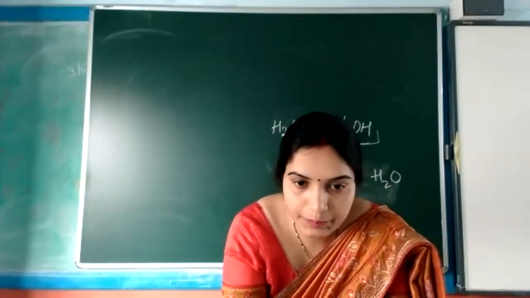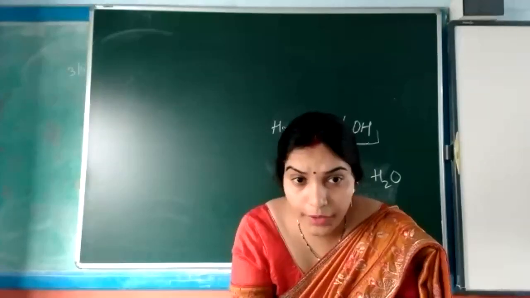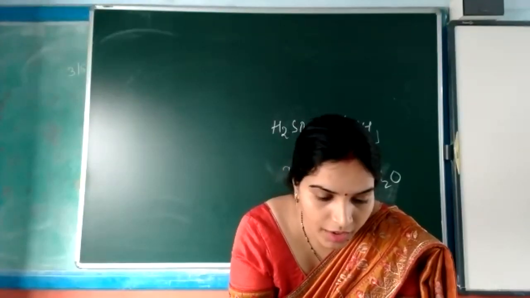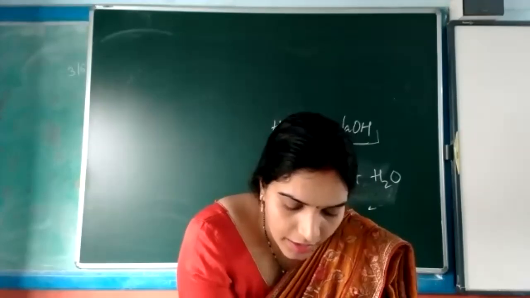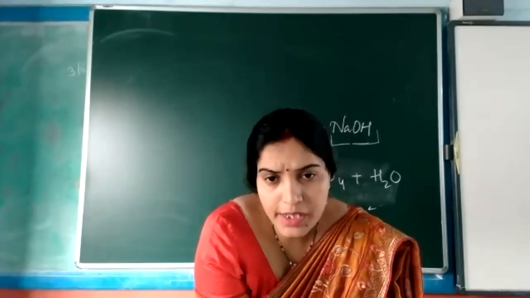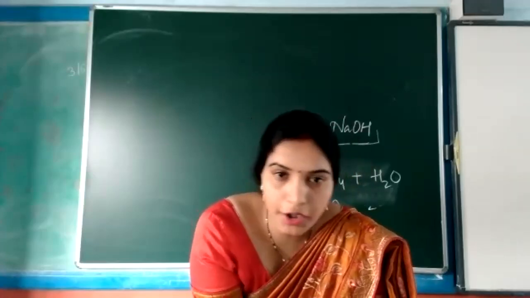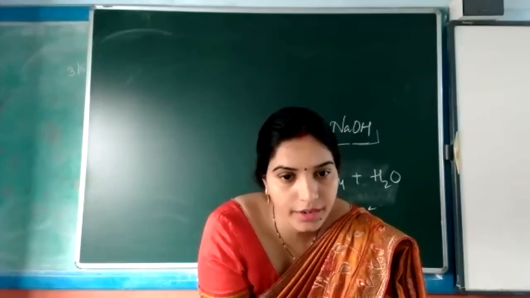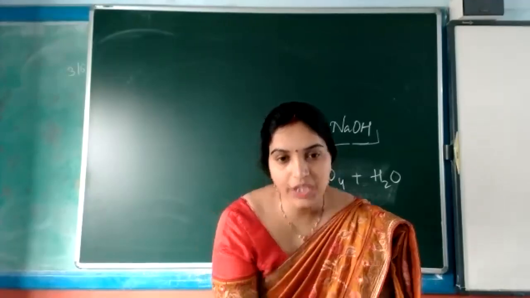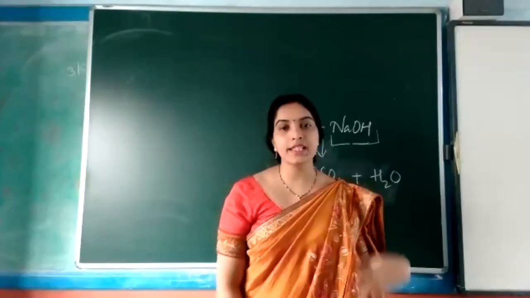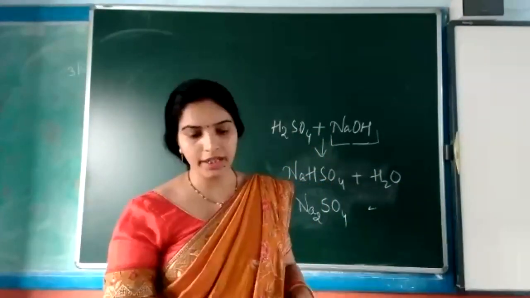Clear? Clear to everyone? Now see, the normal salt is formed by the acid which contains either 1 hydrogen or 2 hydrogen or 3 hydrogen atoms. The only condition is the amount of base is sufficient. Okay.